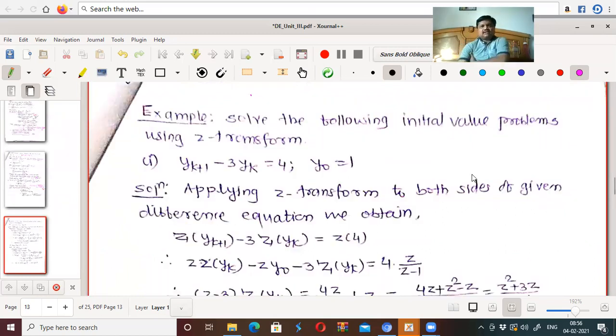Similarly, that was the example using the second shifting theorem. We will solve some more examples of that type. After these examples, first of all we will solve initial value problems by using this result.